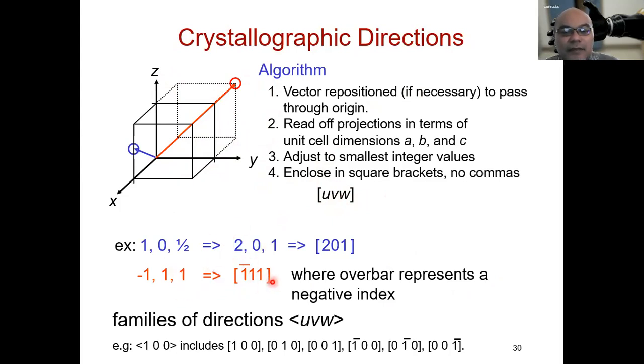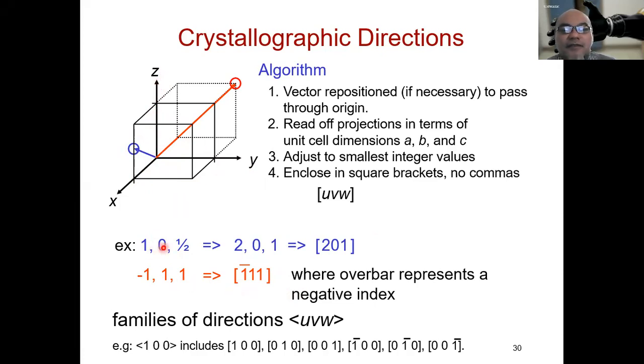We write it within square brackets as 1 overbar 1 1, where the overbar represents the negative index. Then the blue one is 1 in the x direction, 0 in the y direction, and half in the z direction.